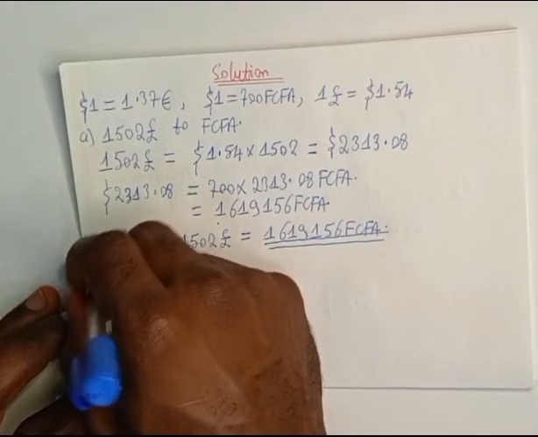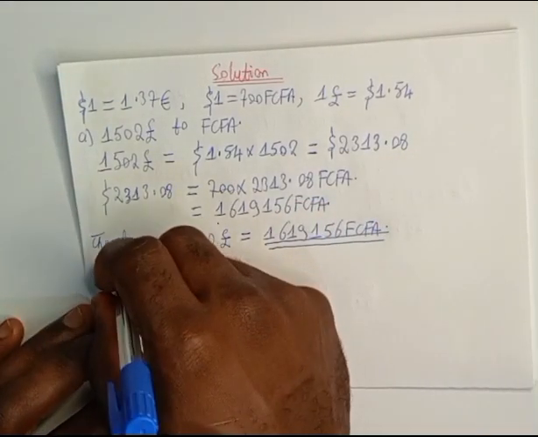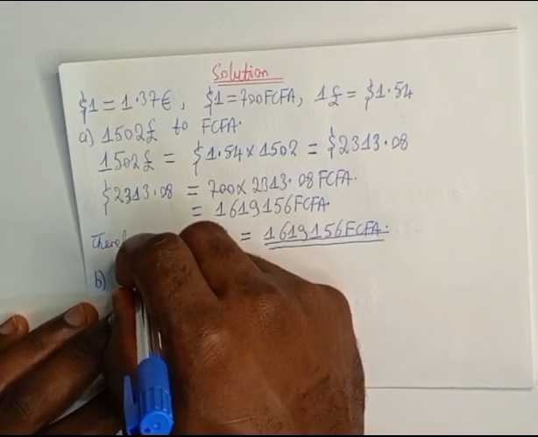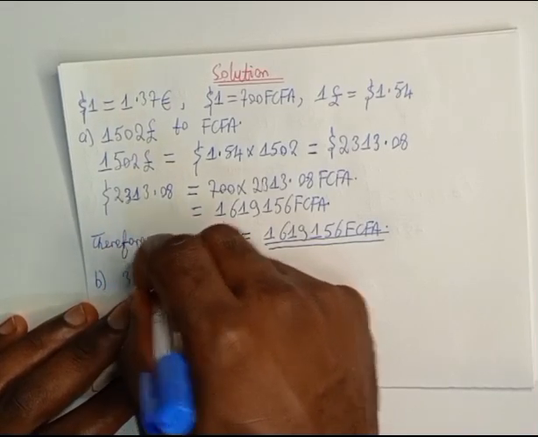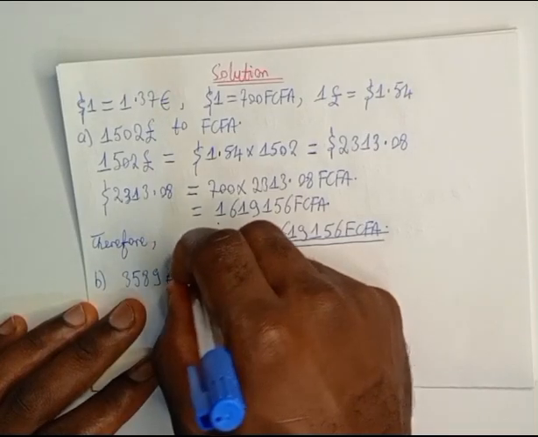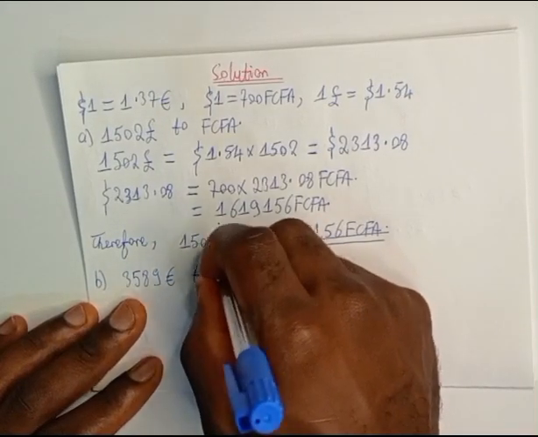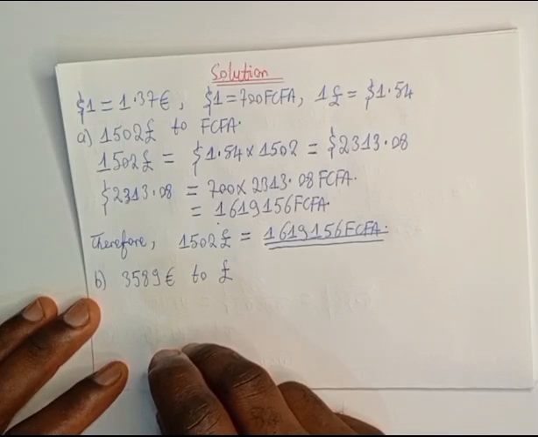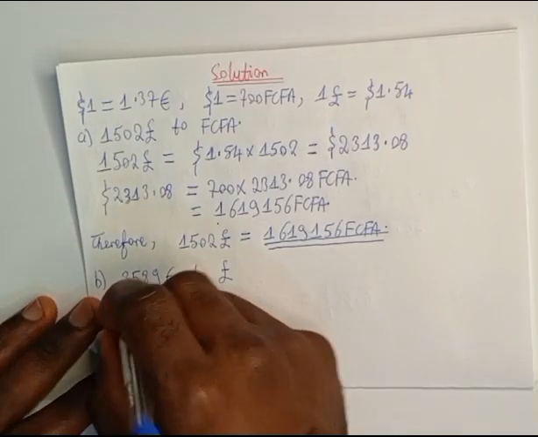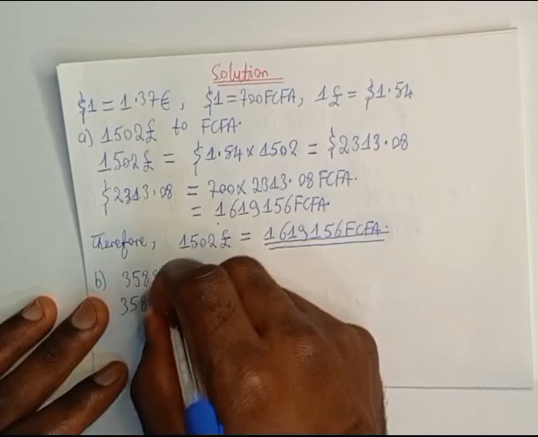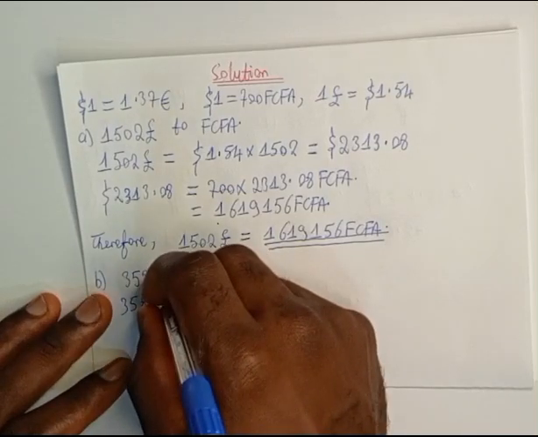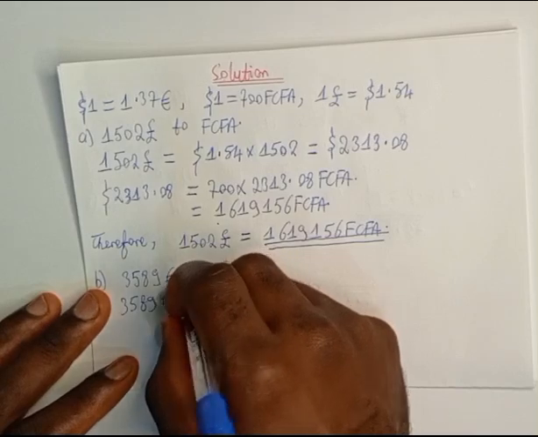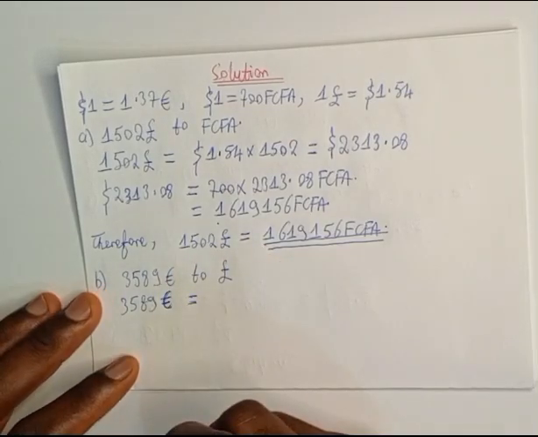We go now to B. For B, we have to convert 3,589 euros to pounds. First thing, we need to start by converting 3,589 euros to dollars.